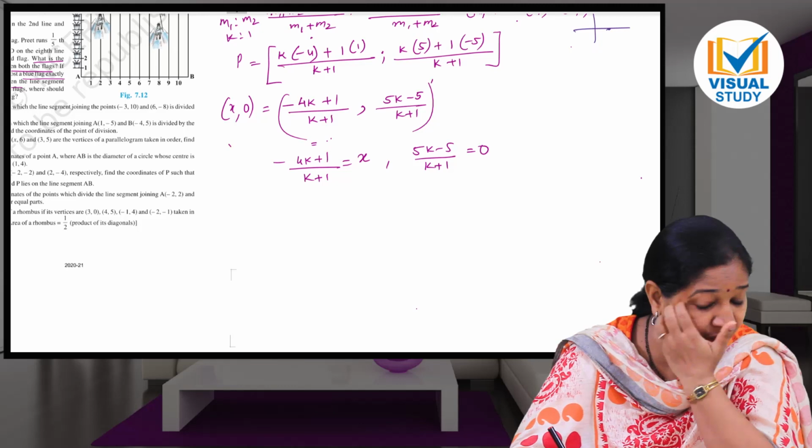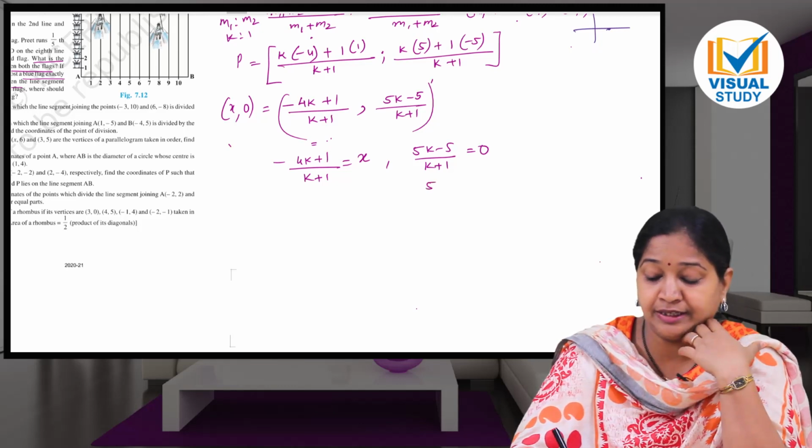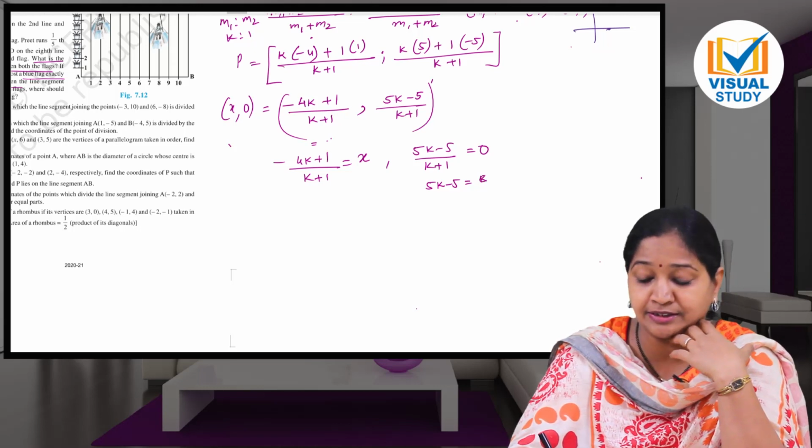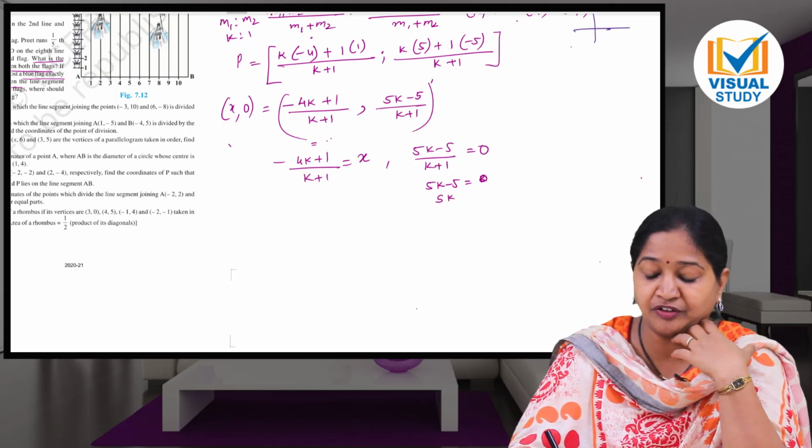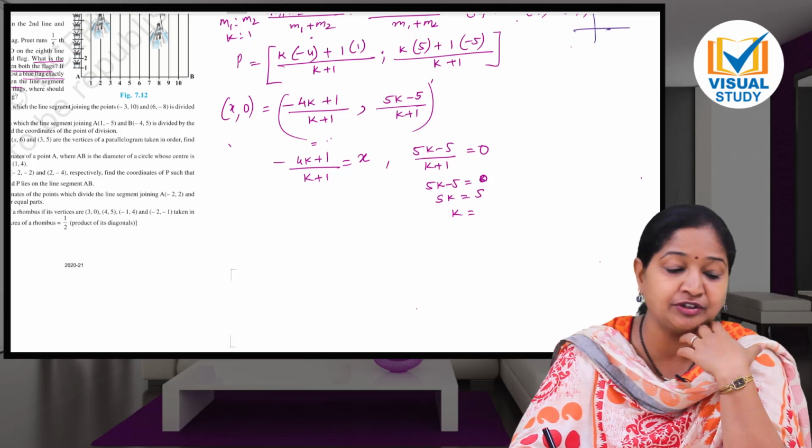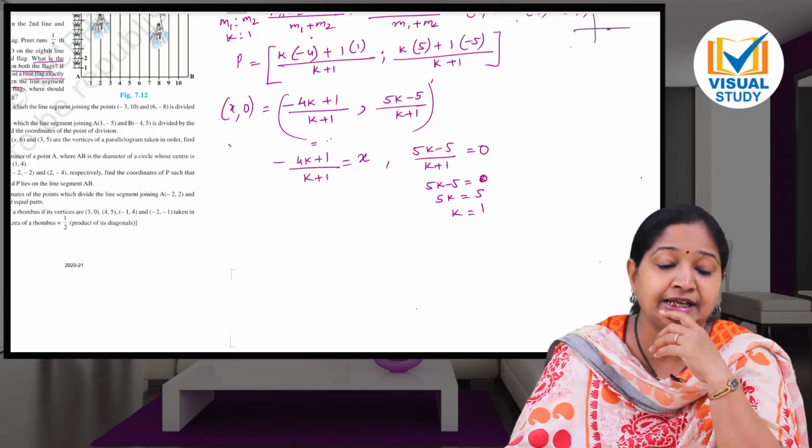So I'll find out the value of k first. That is 5k minus 5 equal to, anything multiplied by 0 is 0, so you get 0, and 5k equal to 5, k is equal to 1. How much do you get? k equal to 1.